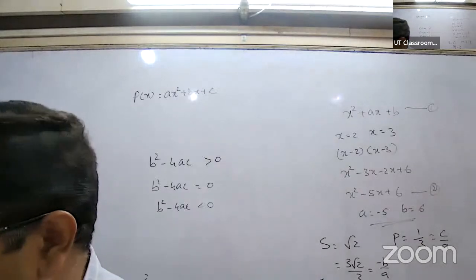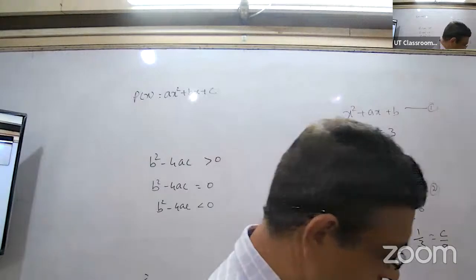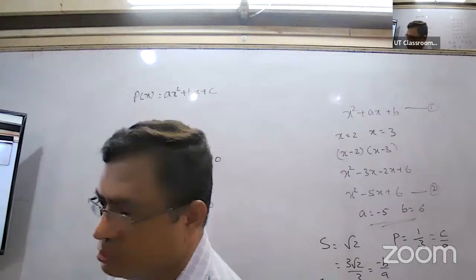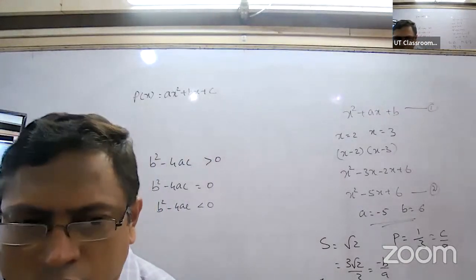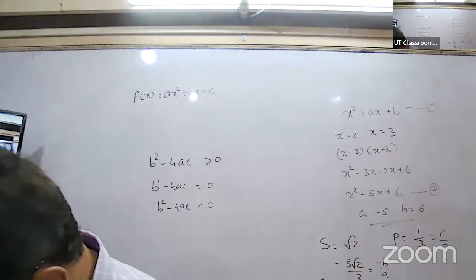Nobody is responding. What is the product and what is the sum over here? What is the product? So how many zeros are there? There is no zero over here now.